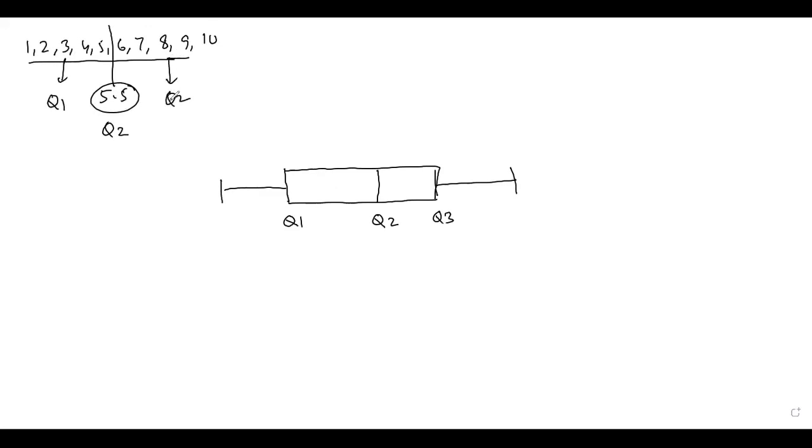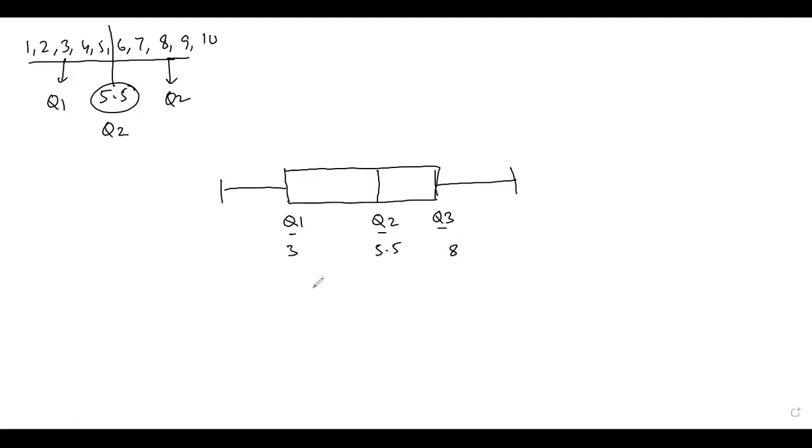Remember that you have to arrange the data in ascending order. In a more complex data set, you will have ranges of data, and then you have to get the average within that range. So in this case, Q1 is 3, Q2 is 5.5, and Q3 is 8.